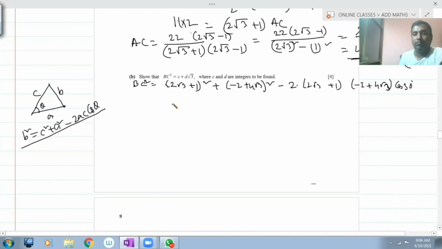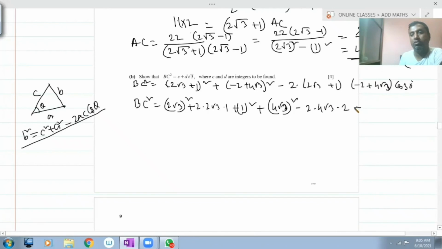Now let us go for simplification for this one, that is 2 root 3 plus 1 whole square, plus 4 root 3 minus 2 whole square, minus 2 times 4 root 3 minus 2, into 2 root 3 plus 1.